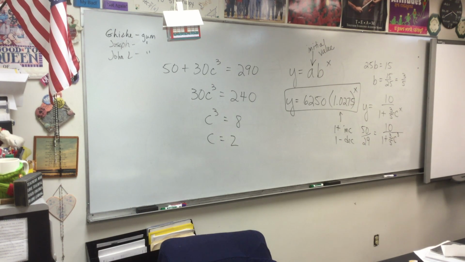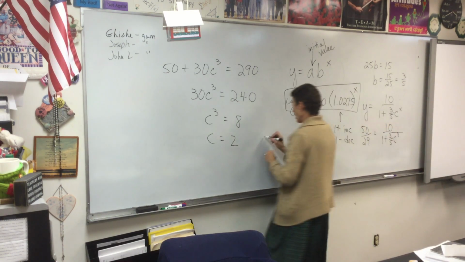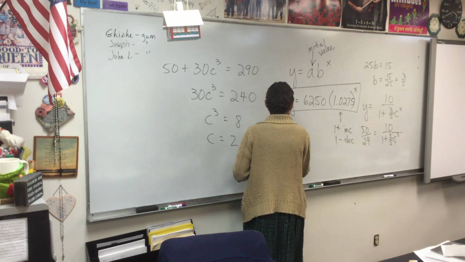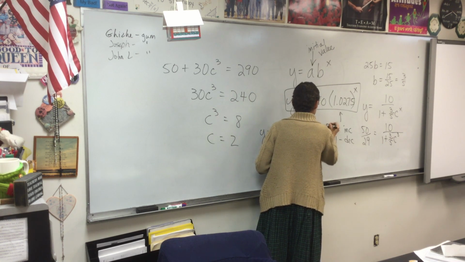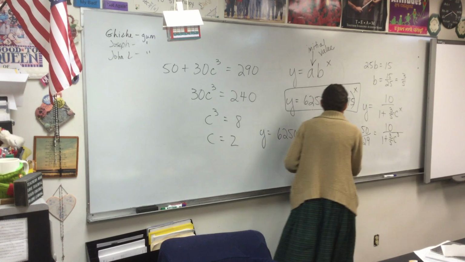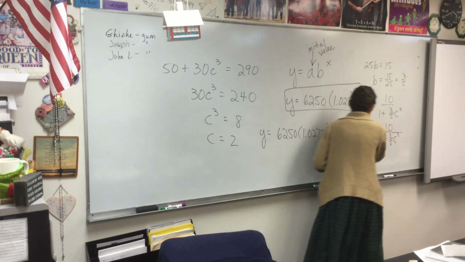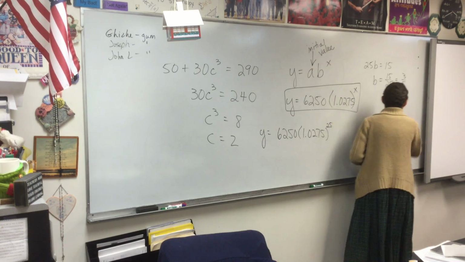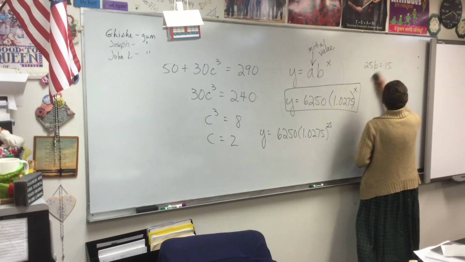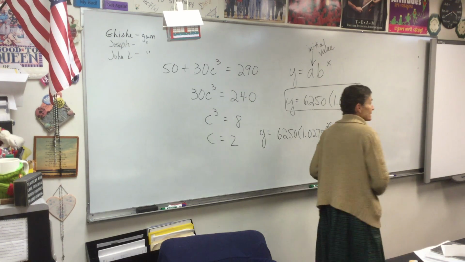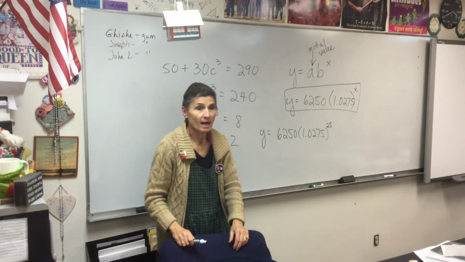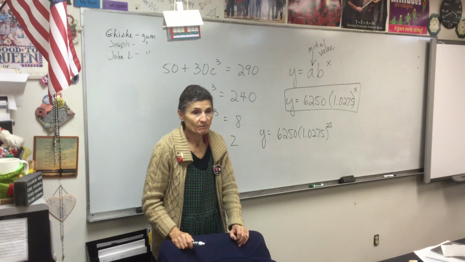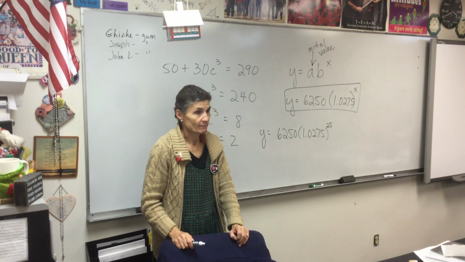So what would 1915 be? 25. So the answer to problem A would be 6250 times 1.0275 to the 25th. Does everybody understand why it's 25? The initial population was in 1890. So how many years past 1890 is 1915? 25.